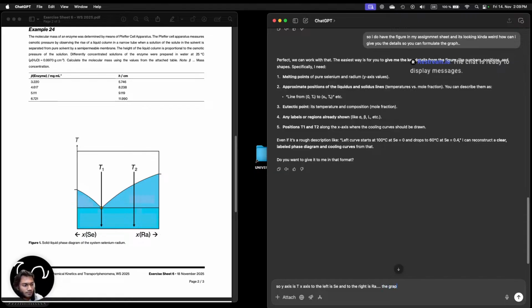The graph starts at a particular T and curves downward until it reaches a point which is also intersected by a line parallel to the y-axis named T1.